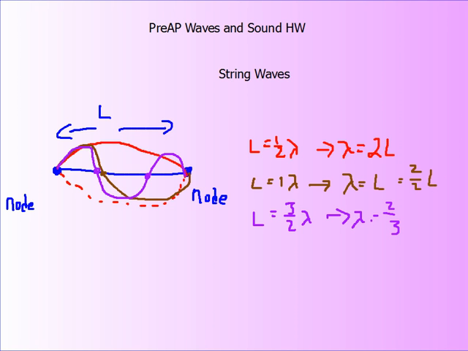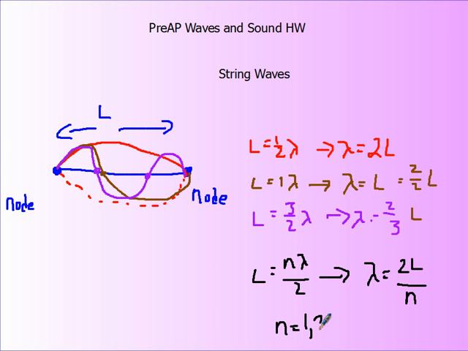Lambda is 2/3 L. So we see that we wind up with L is equal to n lambda over 2, or lambda is 2L divided by n, where n is 1, 2, 3, 4, etc.